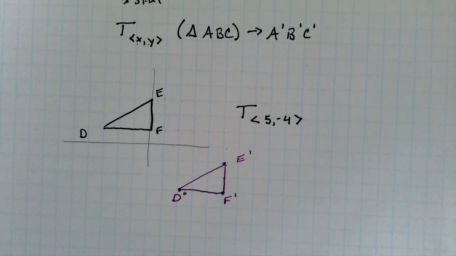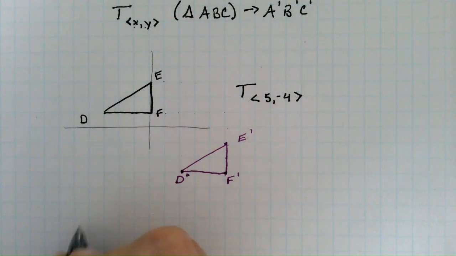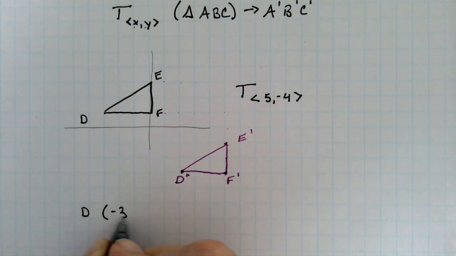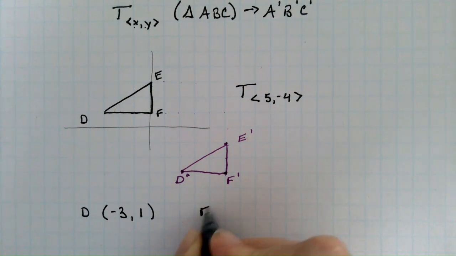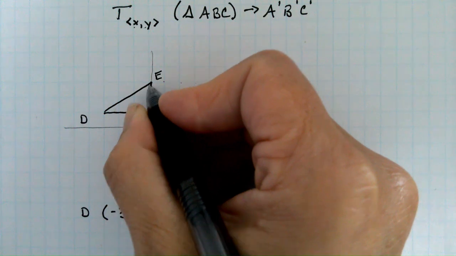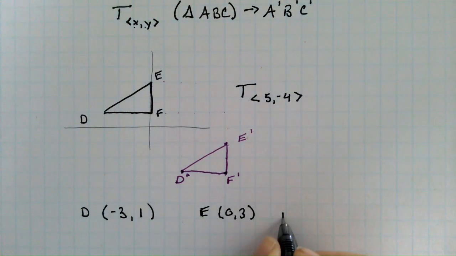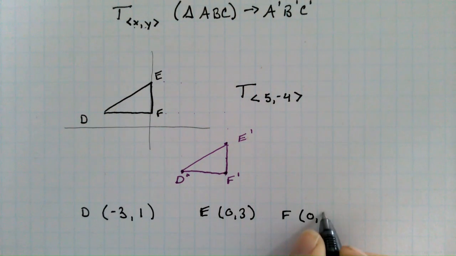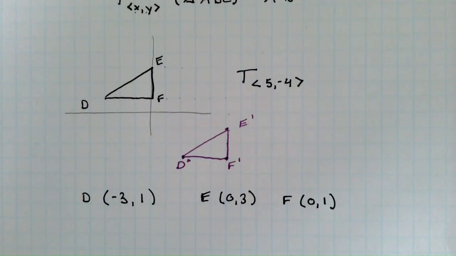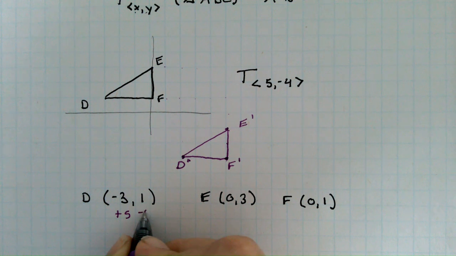Or if we didn't want to count it all out, maybe it was written on paper and they just wanted to know the ordered pairs. We know that D is at negative 3, 1. E is at 0, 3. And F is at 0, 1. And since we want to go 5 right, we're adding 5 to the x's and down 4, so we're subtracting 4 to the y's.